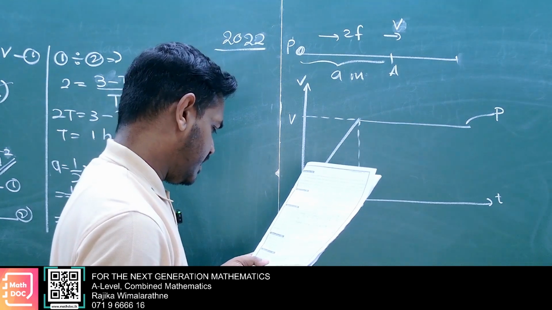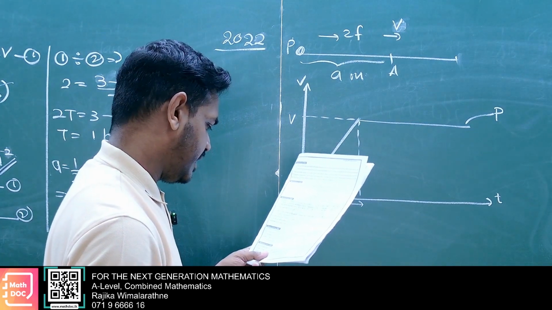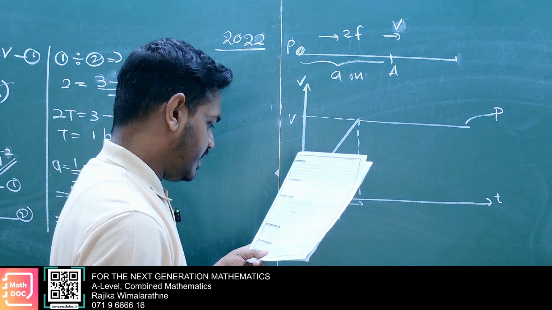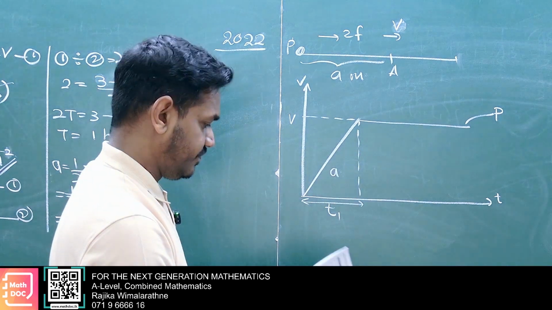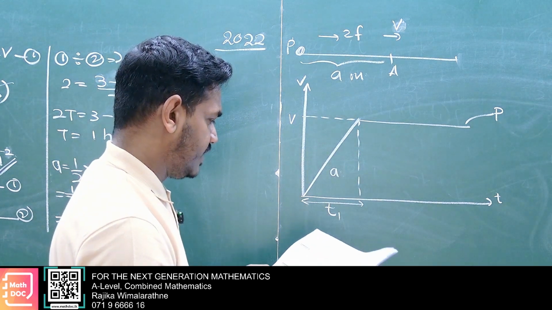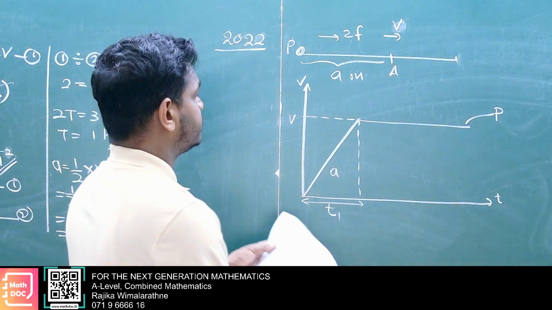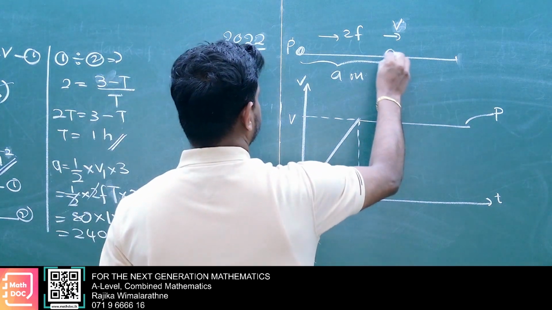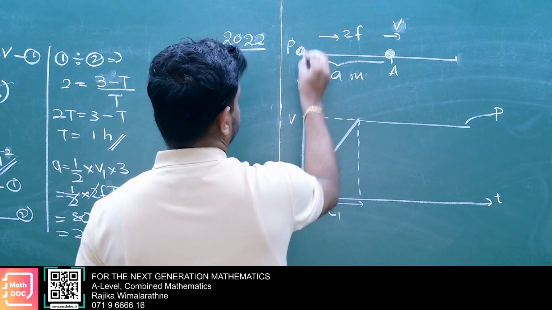At the instant when car P reaches the point A, another car Q begins its journey along the same road in the same direction from rest. So when P comes here, Q starts.